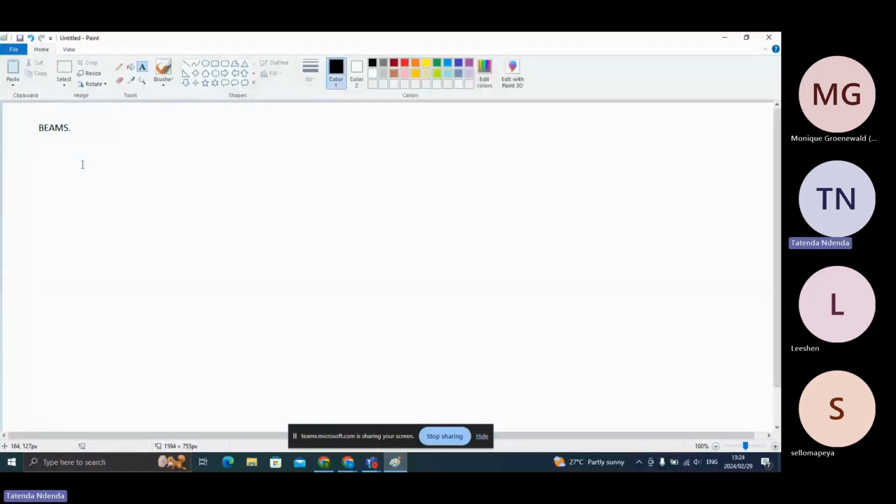Basically, we just have to know how to do the calculations of these things and also how to move around the forces that will be acting on a beam. Okay, so I always give everyone a space, as it's your first time doing this kind of thing, so we have to do it from the basics.